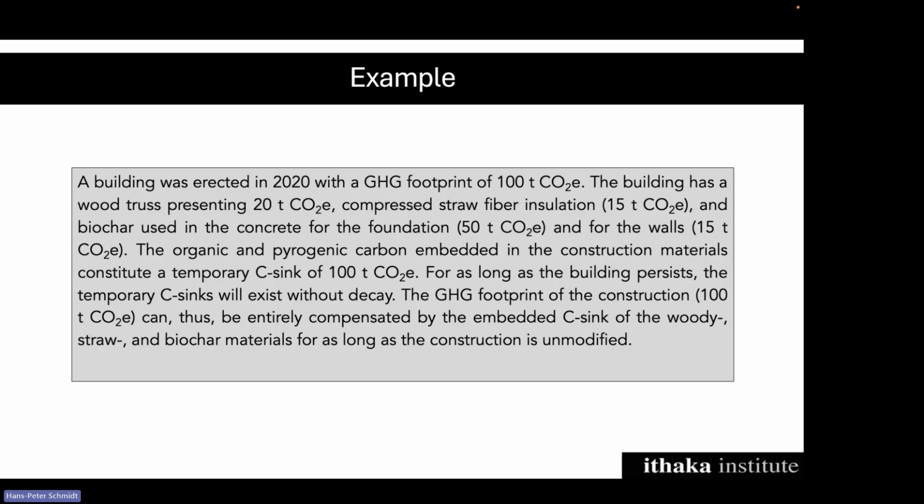So just to give an example, if a building that was constructed in 2020 caused 100 tons of CO2 equivalent as emissions, and now the building has a wood truss presenting 20 tons and straw fiber insulation with 15 tons, and then there's biochar for 50 tons, which should add up to 100.